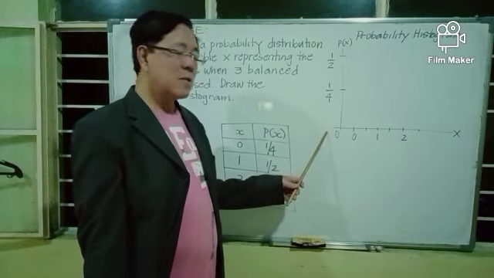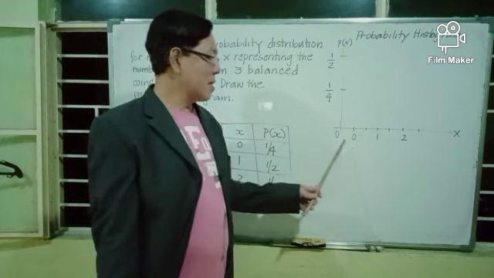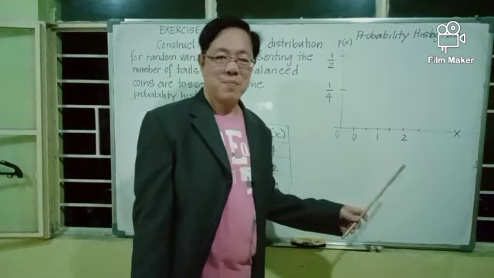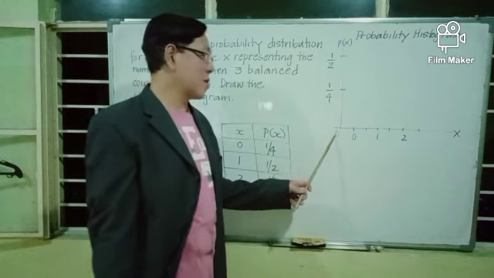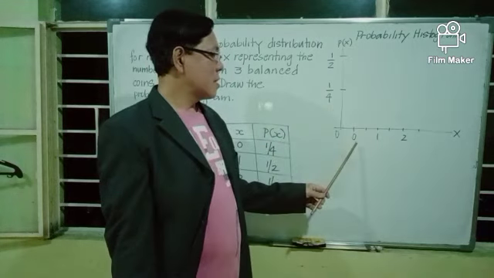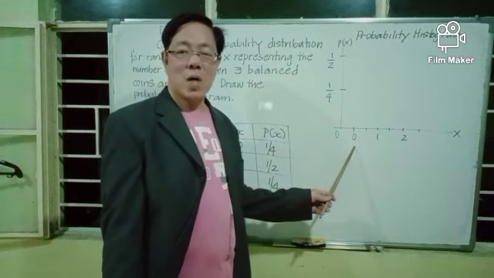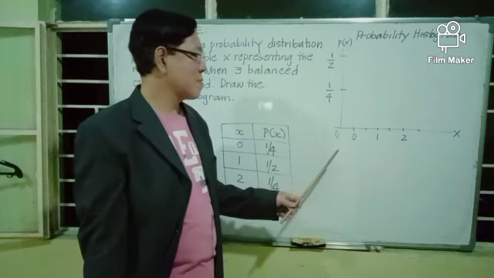This is the origin. The 0 here is different from the 0 here. These two zeros are not the same. The 0 here represents the origin, the point of intersection of the horizontal axis and the vertical axis. The 0 here represents one of the values of the discrete random variable x.